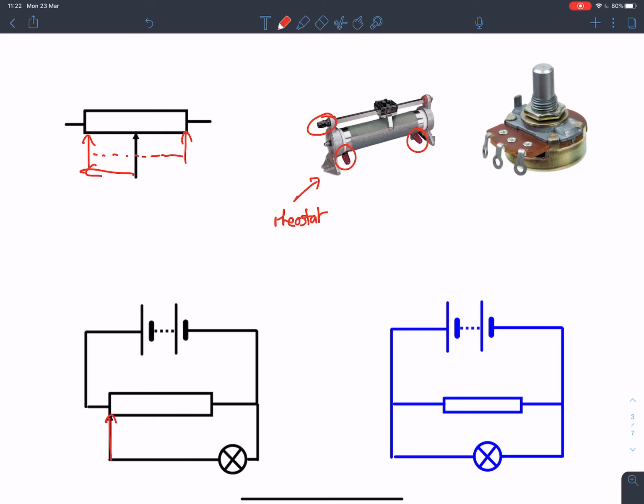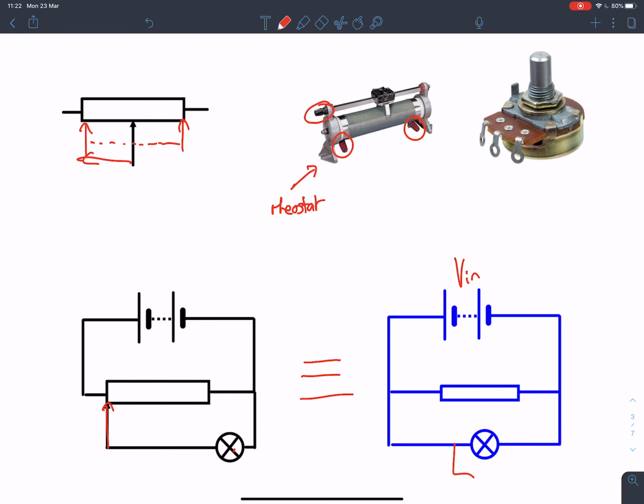So we've essentially got my bulb in parallel with the full resistance of that potentiometer. So I've drawn an equivalent circuit here on the right, shown in blue. So basically, if I have a certain voltage V in here, the voltage across this bulb will also be V in.